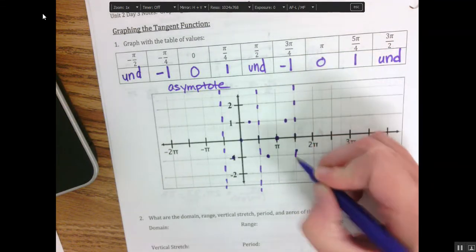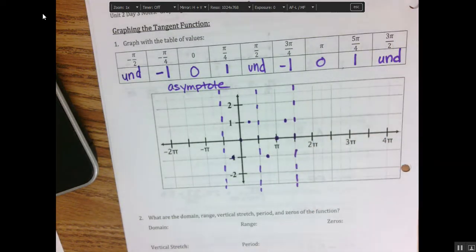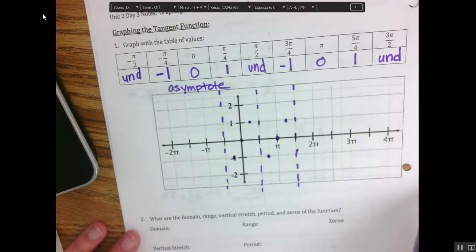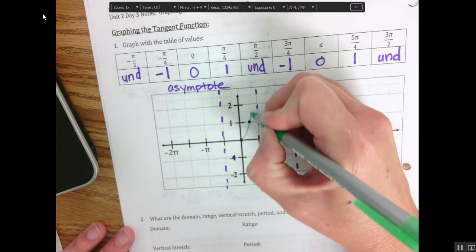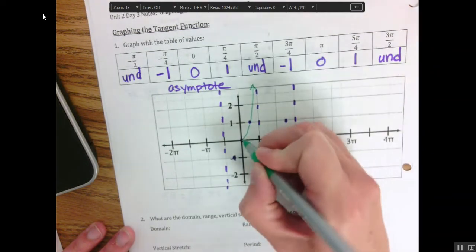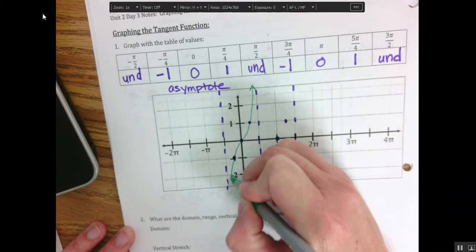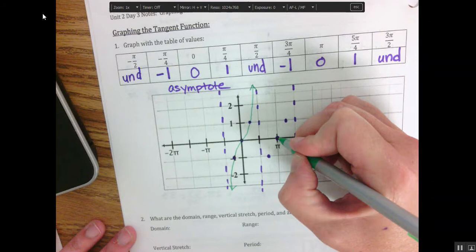So this function is also periodic. It repeats over and over again, but it keeps getting broken up by these asymptotes. When you sketch it in, here's the behavior of a function in an asymptote. It gets closer and closer to your asymptote without touching it. So it gets infinitely close to your asymptote. Okay, and that happens over and over again.